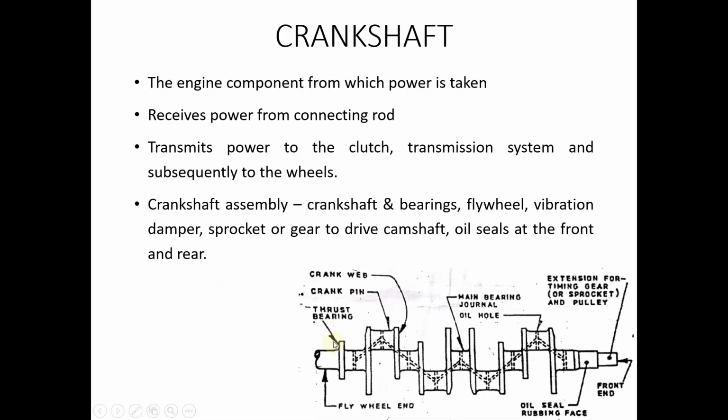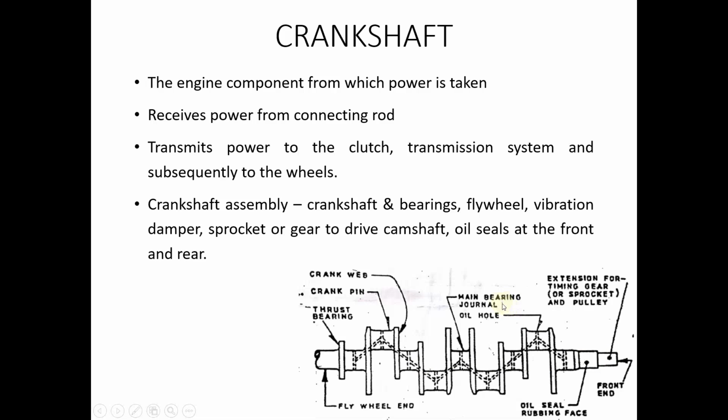Then we have the thrust bearing, and this is the main bearing. If you take the crankshaft, we have multiple main journals which support the crankshaft. This is the first one, second, third, fourth, and fifth. These journals which are coming at the axis of the crankshaft are known as the main journal bearings.